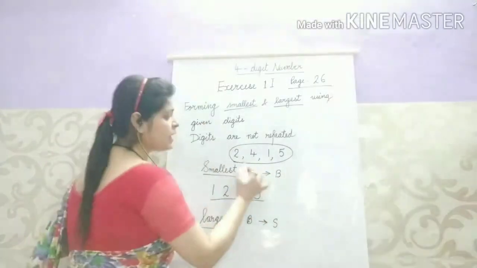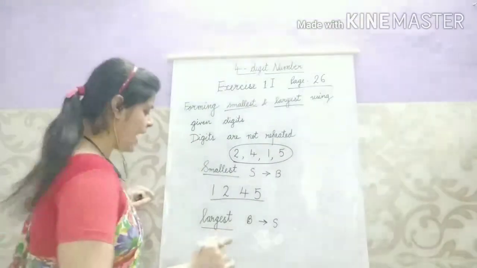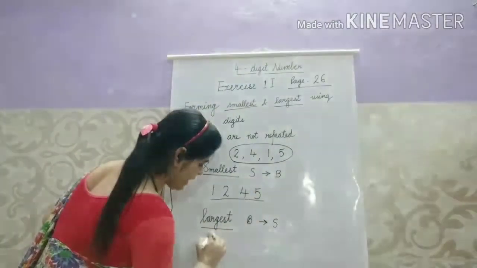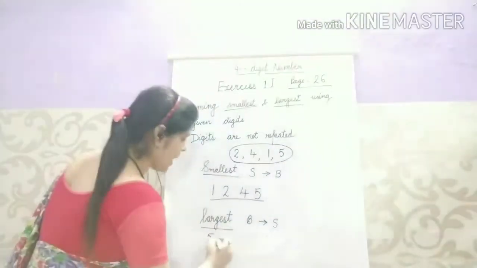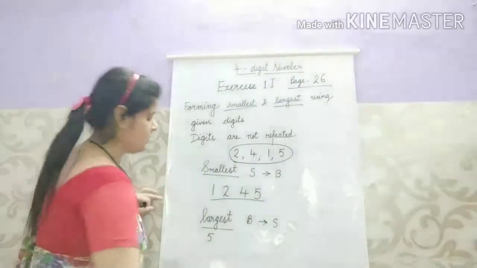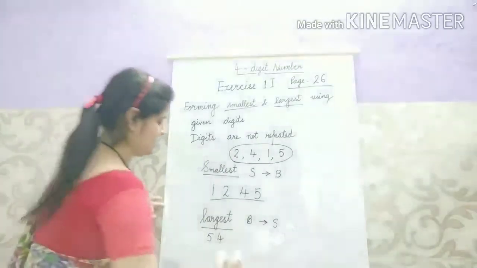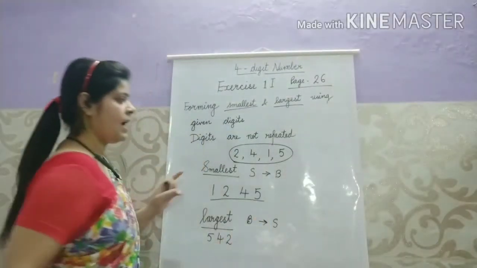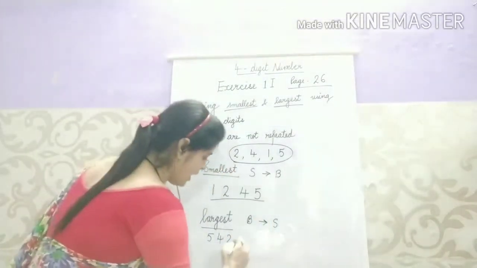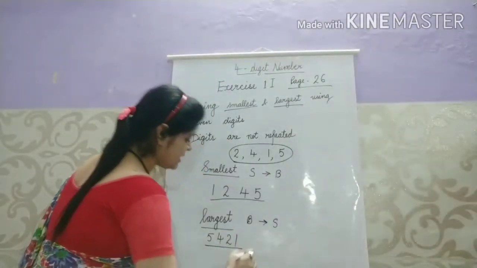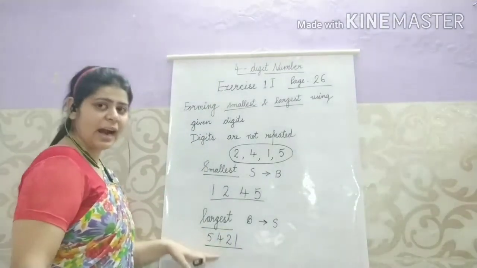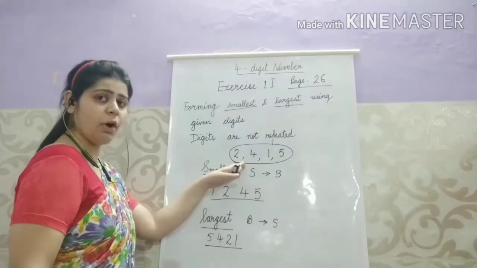Yes, you are absolutely right. 5 is the largest number. So first of all we will write 5. After that, the second one is 4. Correct. After that, 2. And the last one is 1. So like this, we have formed a largest 4-digit number with the help of these numbers.